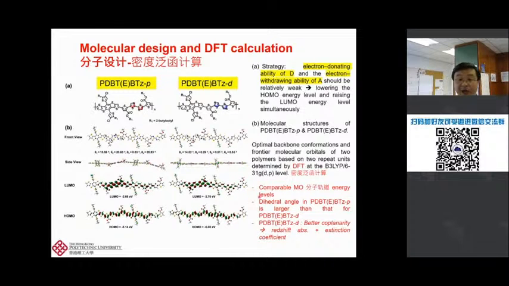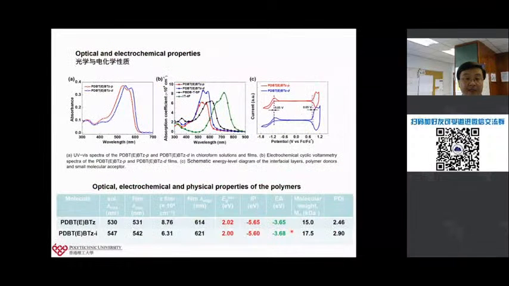We find that these two molecules have comparable molecular orbital energy levels, but they have a different dihedral angle. So we can find out that the second one, D, will have a better planarity and also a redshifted absorption. That can be seen from here. This is D: a redshift, a smaller band gap.